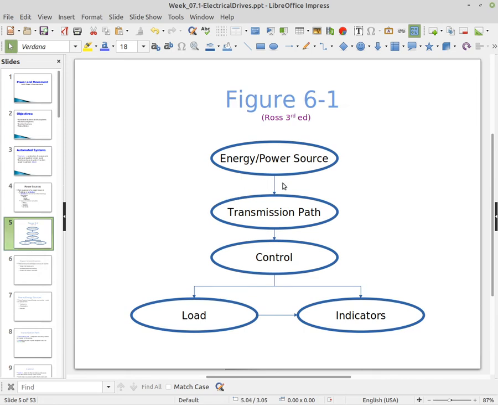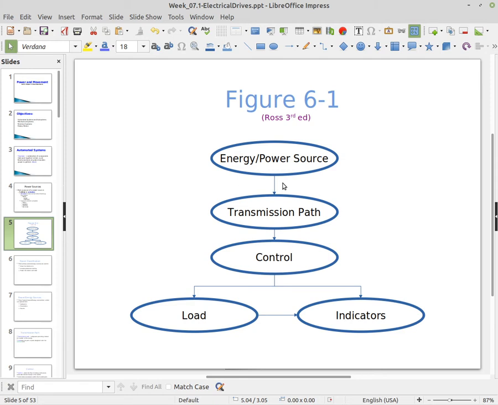Alright, so this is just a block diagram showing the subsystems. We have our energy or power source, we have a transmission path, we have some type of control, and then we have some indicators and our load.